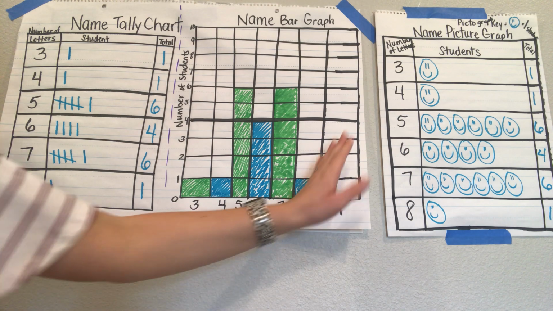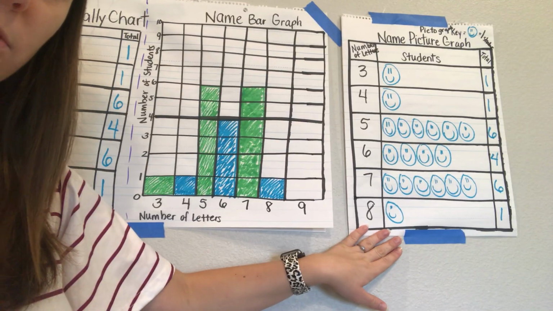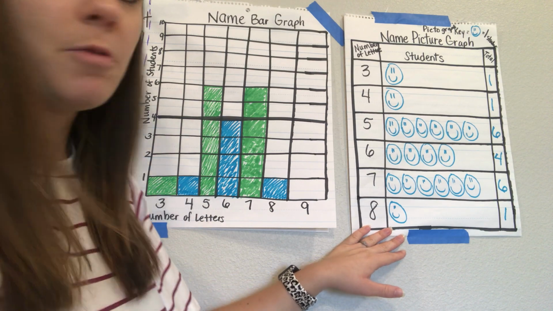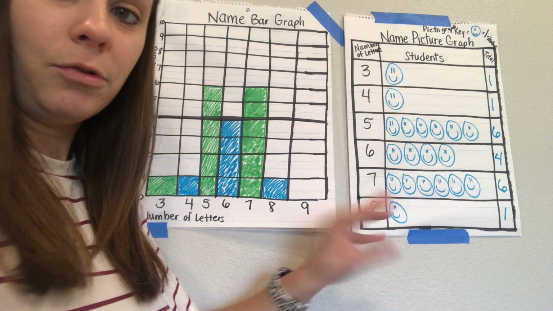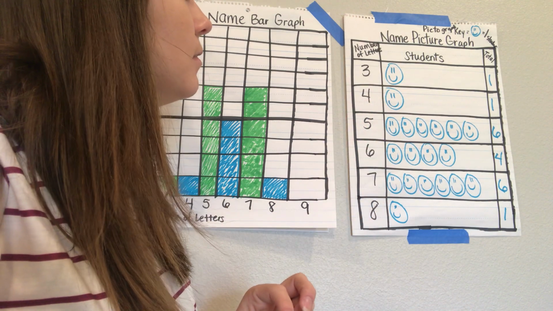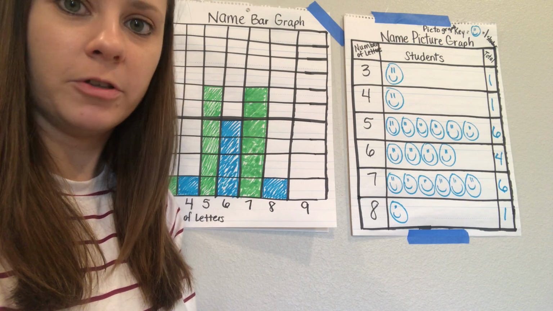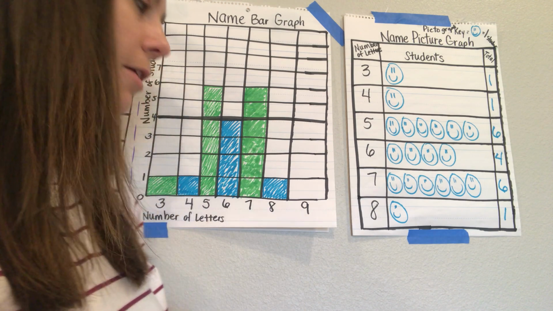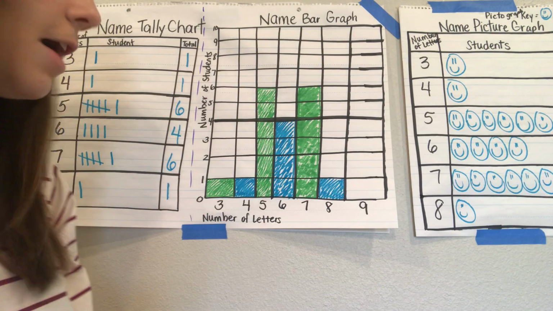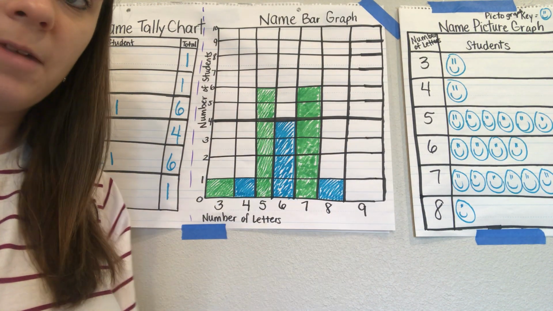So if you were not paying attention to the 9 on this bar graph and you're just looking at the picture graph to answer this question, the least number of students actually is a 3-way tie between 3, 4, and 8. 3, 4, and 8 all only had 1 student with that amount of letters in their name, so that is the least amount. But if you're looking at the bar graph, 9 has the least because there's 0 for 9.